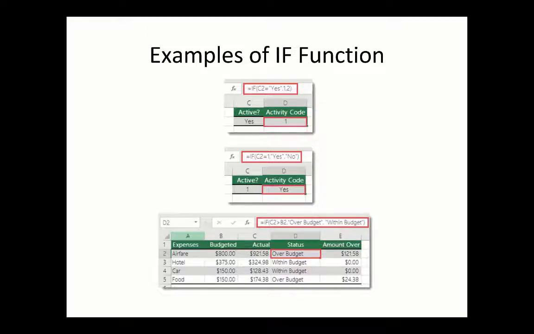In cell D2, we type in the formula equals if in open parentheses and enter our conditional statement to test if the data in cell C2 is greater than the data in cell B2. If this is true, we return the text over budget. If this is false, we return the text within budget.